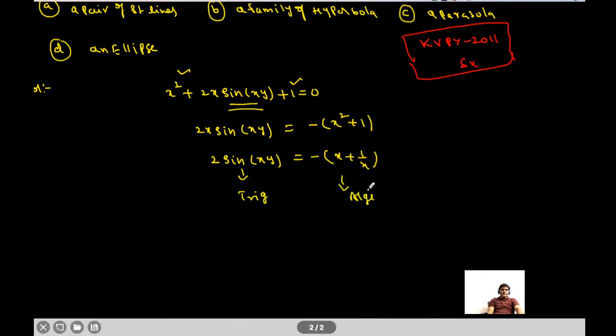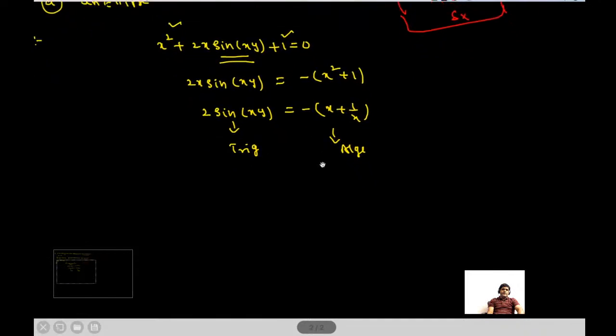Whenever the question is of this type, trigonometric versus algebraic, then in most of the questions, it will be a boundary value problem. Therefore, here, because it is trigonometric versus algebraic, it is a boundary value problem.